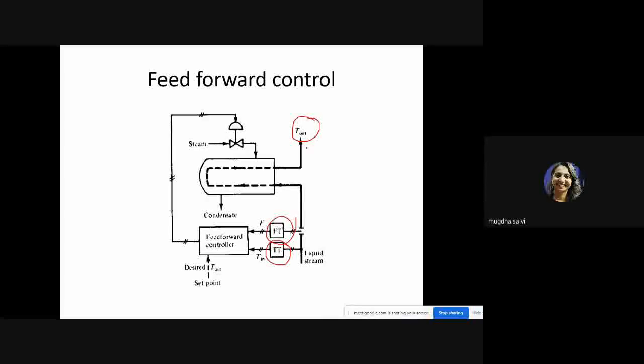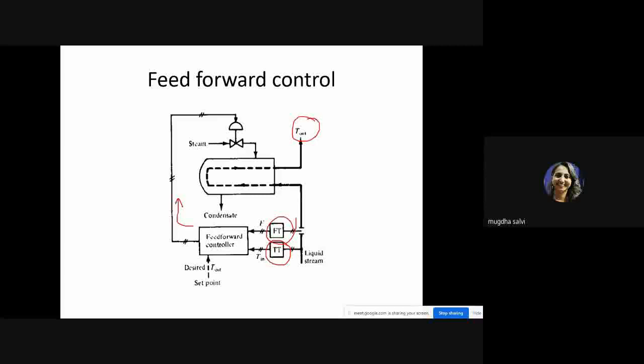And accordingly, an error signal is generated and provided to the control valve for steam. Before this disturbance affects T out, we try to reduce it, and we try to eliminate the dead time within the heat exchanger also.